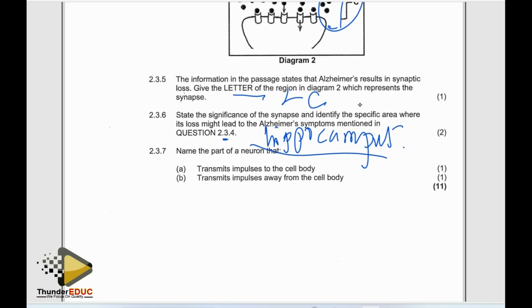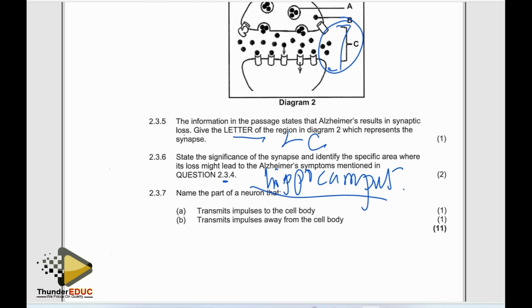Hippocampus can lead to Alzheimer's. And basically, what is the hippocampus in layman's language? It's just a region of the brain that is associated with primary memory.